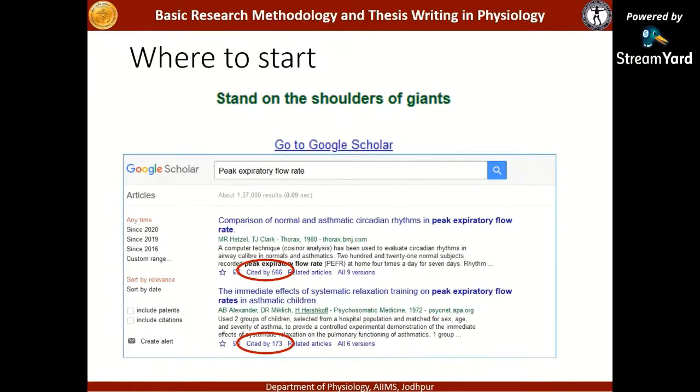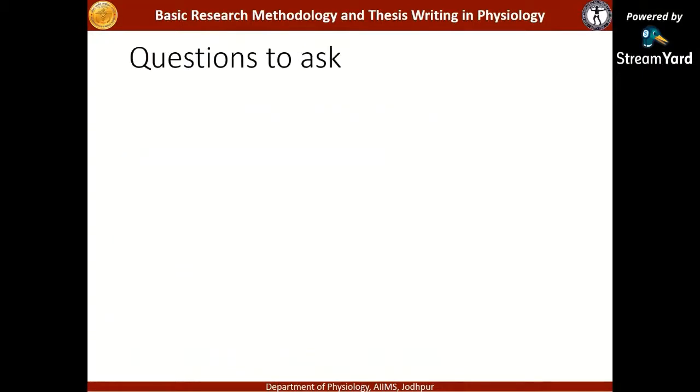Then, what next? We have to ask certain questions to start with. That means, how much literature do I need to look at? Don't look at too much and neither too scanty. Appropriate.